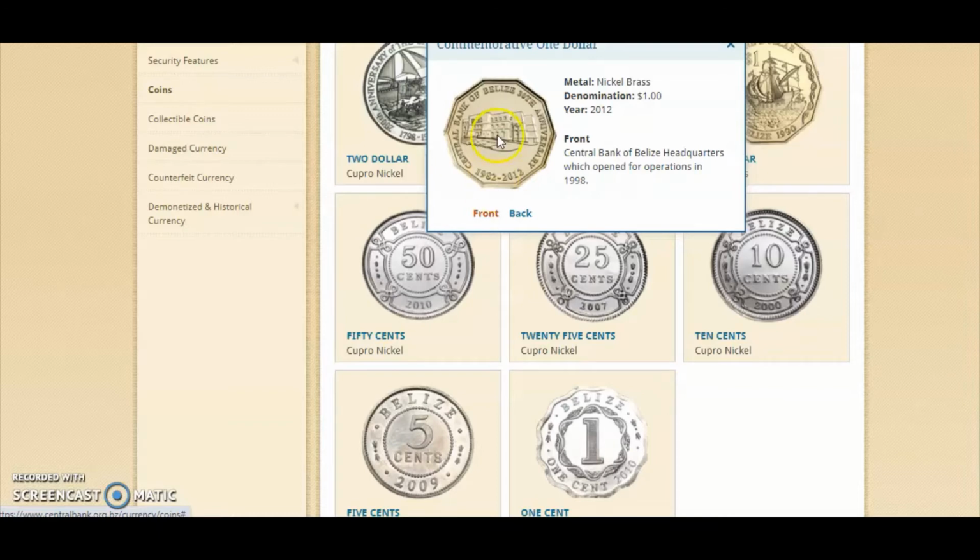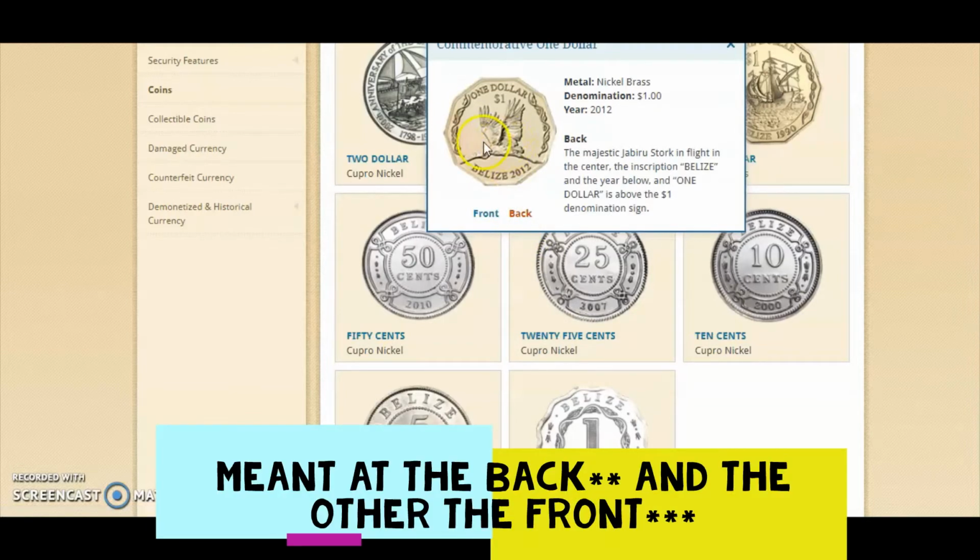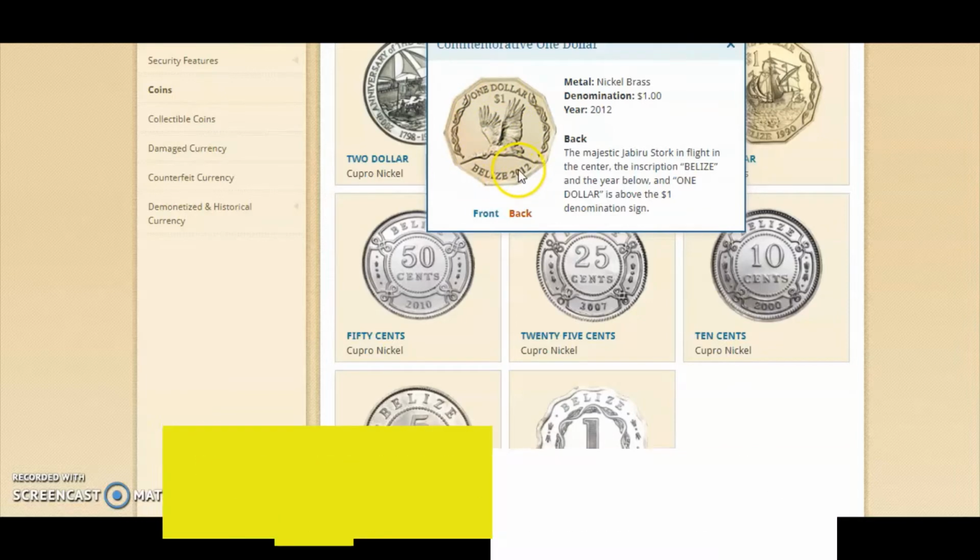So instead of the Christopher Columbus ship, we now changed it to the Central Bank of Belize to represent the 30th anniversary of how long the bank has been opened at that time in 2012. And this is a little picture of the way the bank looks. And then the front of it, we have the $1 value, made in 2012.